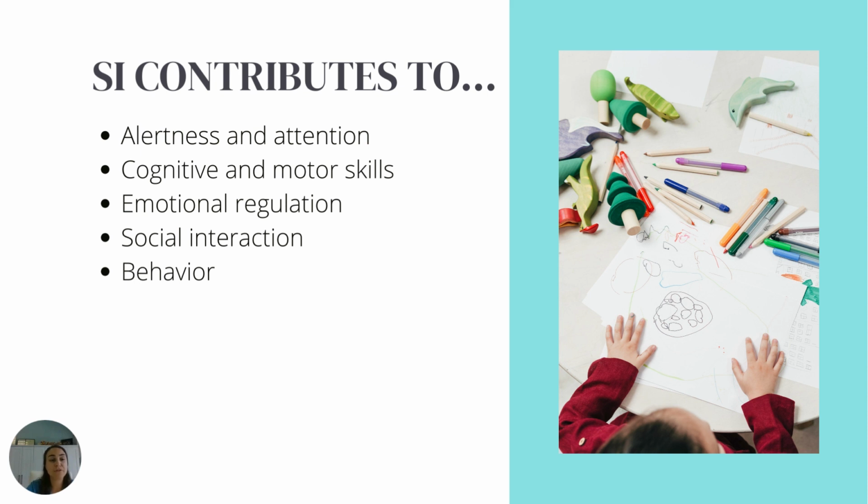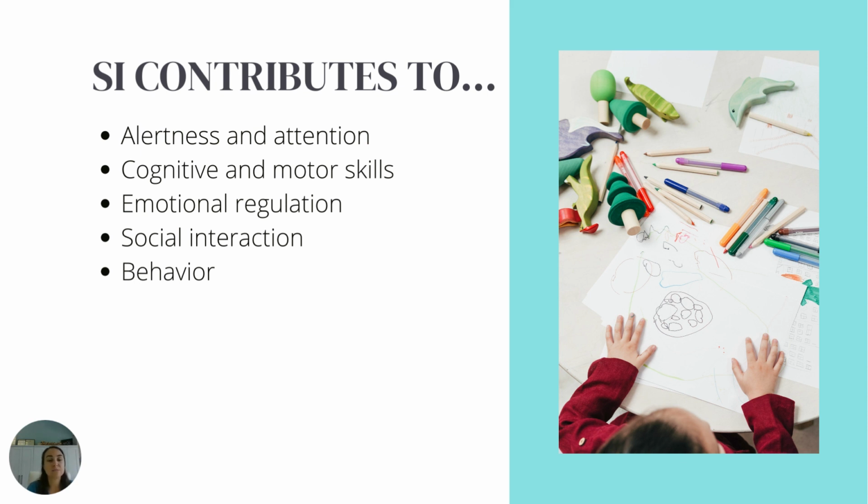It can also affect our cognitive and our motor skills, like we discussed earlier about the motor skills, but also our cognitive skills. It can affect our emotional regulation, our social interaction, and our behavior. It is extremely important to know that our sensory system is very closely linked to our emotions.